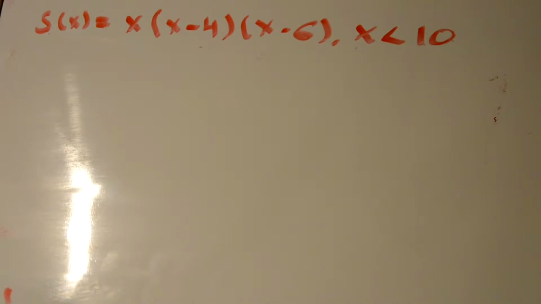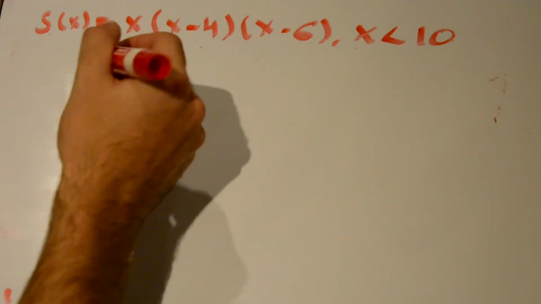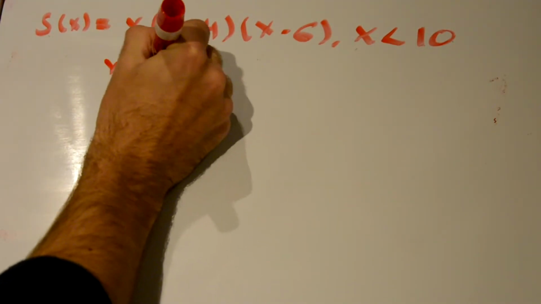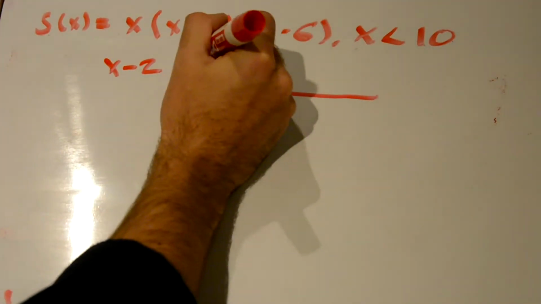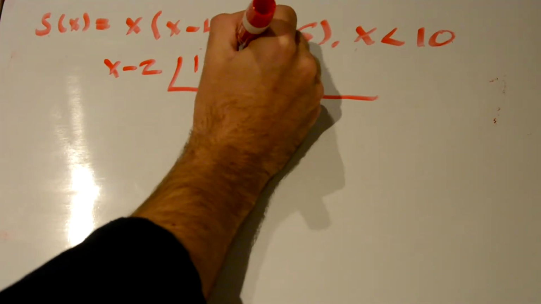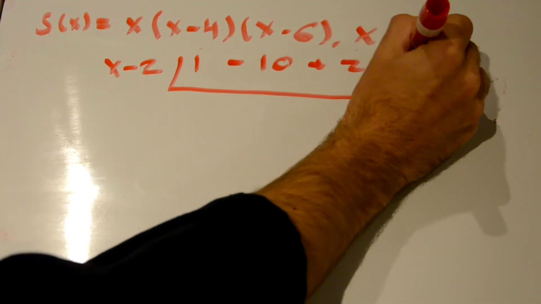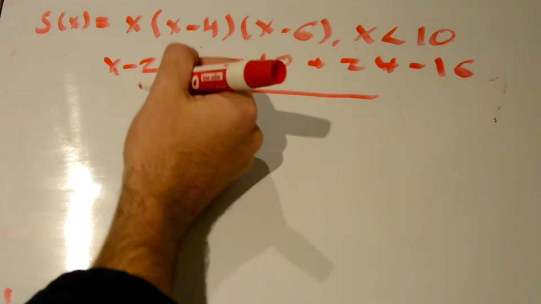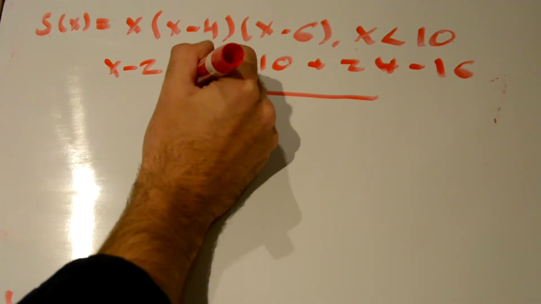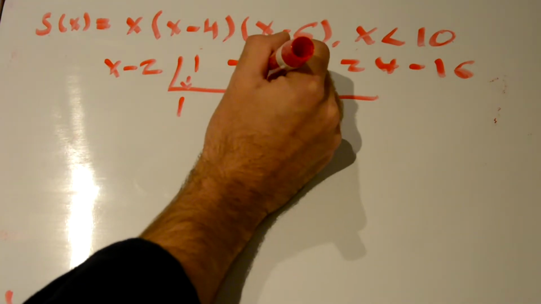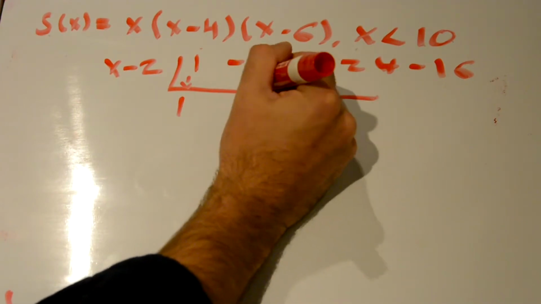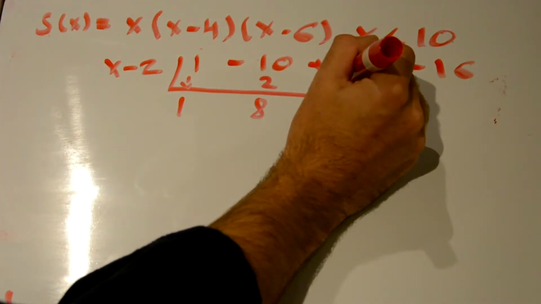Now that we know that x minus 2 is one of the factors, we could use synthetic division once again. Setting x minus 2 as the divisor, and then plugging in the values, which are 1, negative 10, positive 24, and negative 16. And then once again, do the steps of synthetic division. 1 times 2 equals 2, then we add, giving us negative 8.